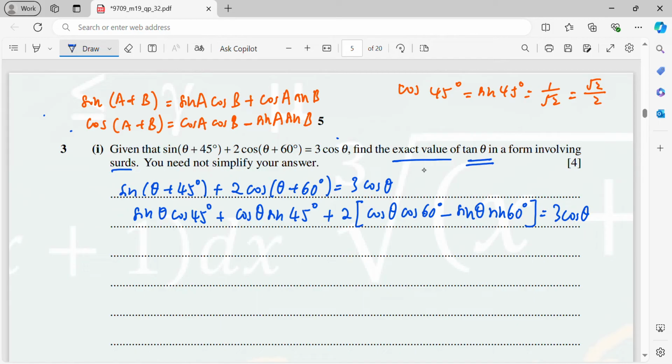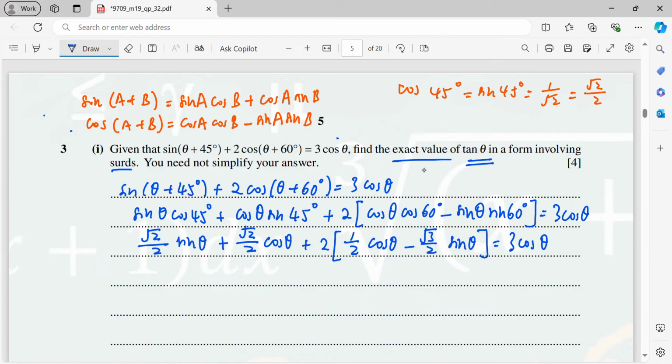So which means cos 45 degrees I will rewrite first square root 2 over 2, then followed by sine theta. After that, sine 45 degrees is square root 2 over 2, then followed by cos theta. Plus 2 times cos 60 degrees is half. Then cos theta minus sin 60 degrees will be square root 3 over 2 sin theta, then equals to 3 cos theta.